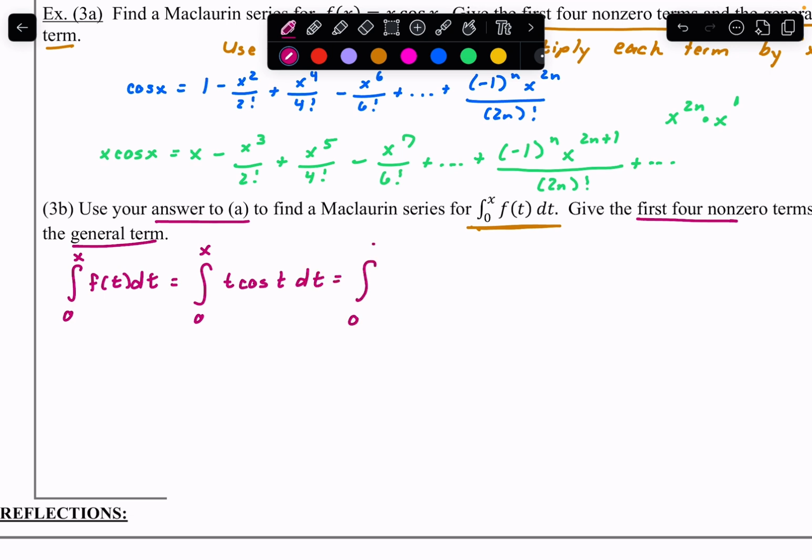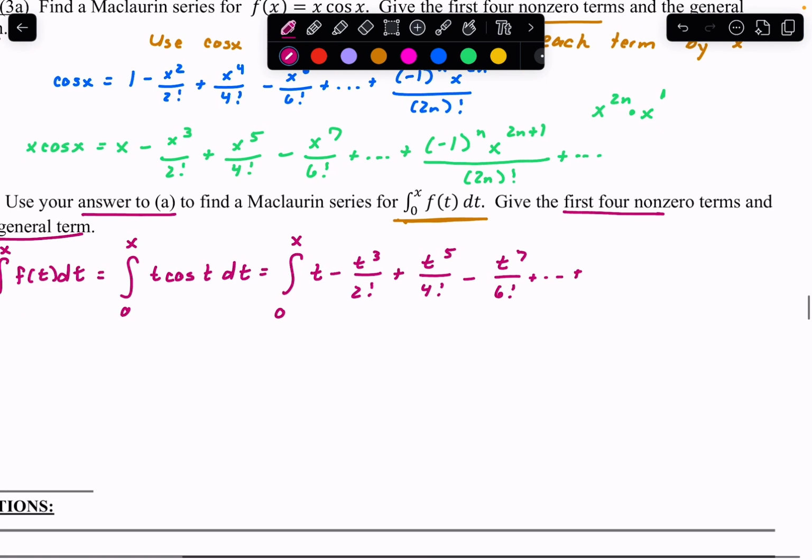And then I'm going to write out the expansion. So t minus t cubed over 2 factorial plus t to the 5th over 4 factorial minus t to the 7th over 6 factorial. General term, negative 1 to the n, t to the 2n plus 1 over 2n factorial.